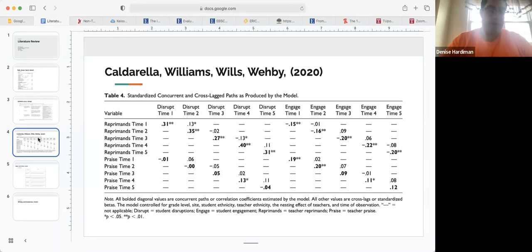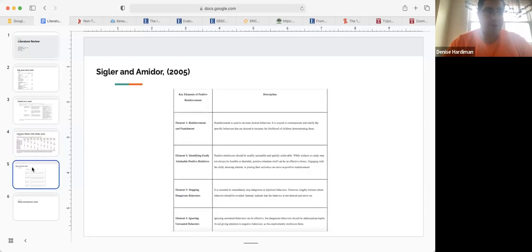From here, we explore how we can create a positive learning environment using positive reinforcement. Sigler and Amador, 2005, addressed this by emphasizing the distinction between praise and positive reinforcement.